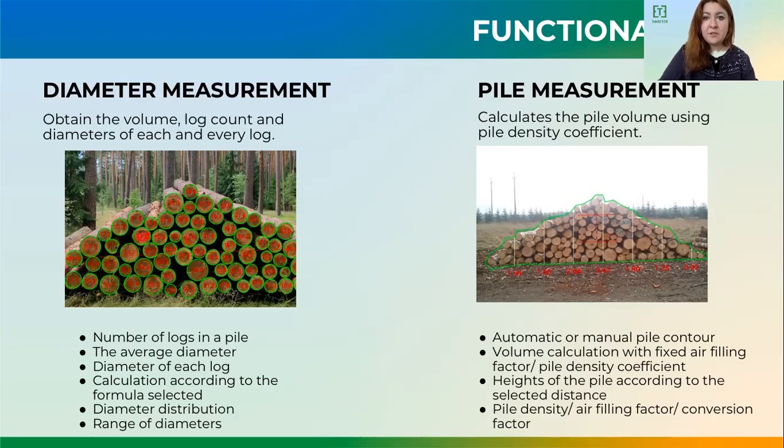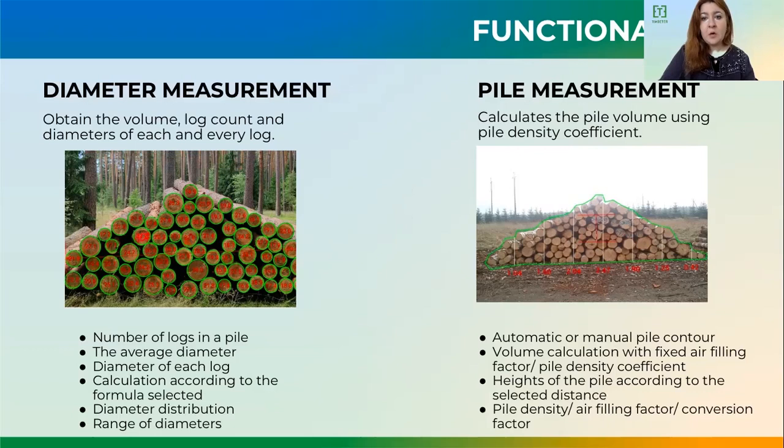The second functionality is the pile measurement regime, which corresponds to the group measurement method with the air filling factor. This regime helps to calculate the volume of the pile using the pile density coefficient. For this measurement regime, Timber offers both an automatic and a manual pile contour feature.